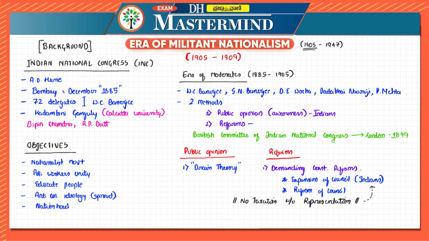W.C. Banerjee and Kadambini Ganguly addressed it. Then we saw the objectives, and in the era of moderates, the methods: the British Committee of the Indian National Congress in London in 1899, public opinion on drain theory and reforms. They were demanding constitutional reforms, which were expansion of the council, reform of the council, etc.